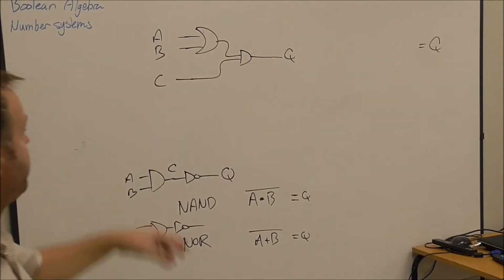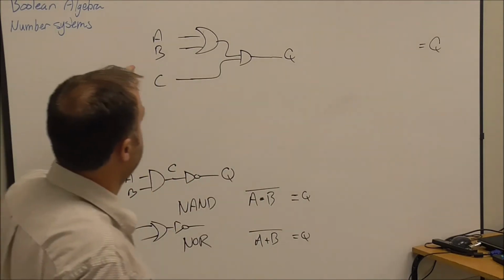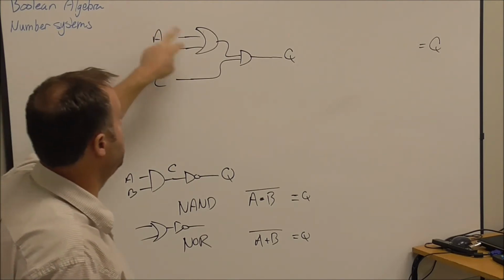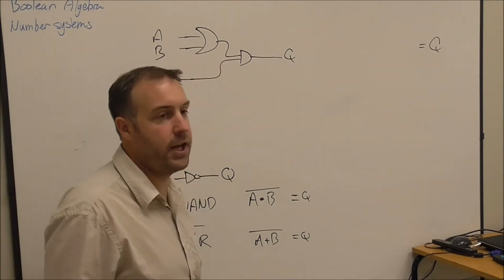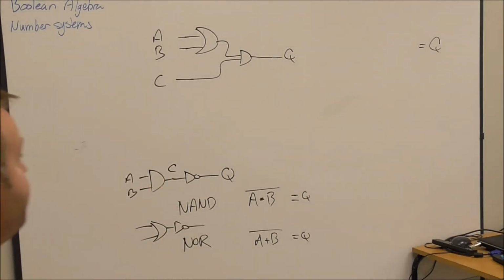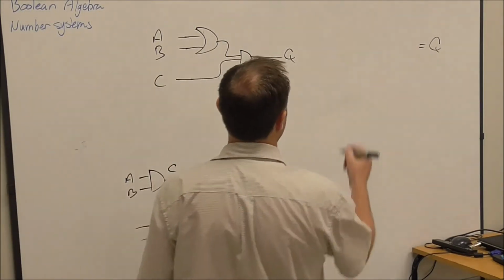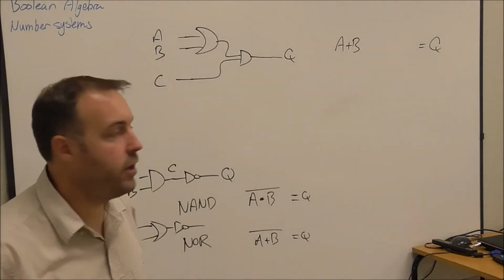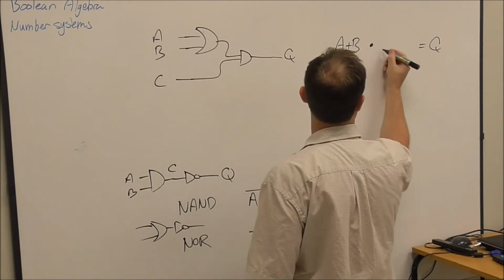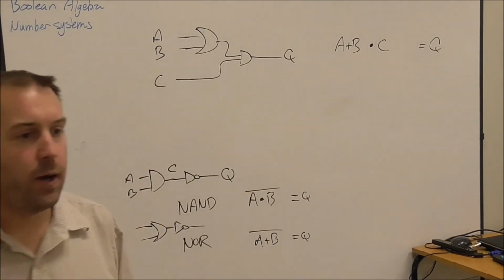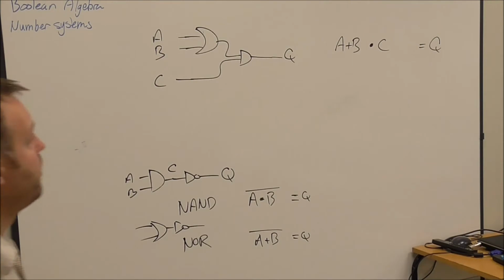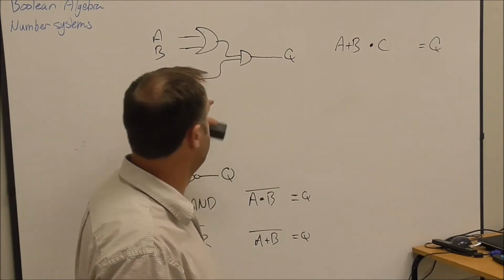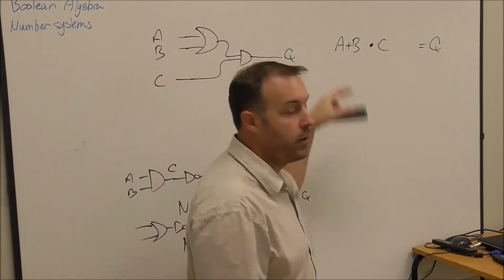So now I've still got my three variables A, B and C, but in this case I'm ORing A and B first, and then taking the output of that and ANDing it with C. However, I need to differentiate that from what I had before, because that's going to produce a different output for a given set of inputs than the other circuit.